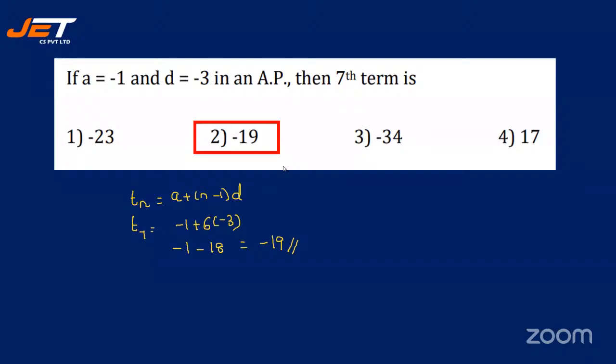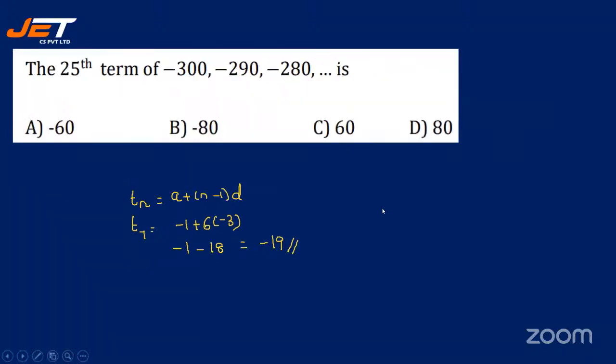So -1 minus 18 is -19. All right. Yes, let's move on to the next question. Just a second, let me erase this.